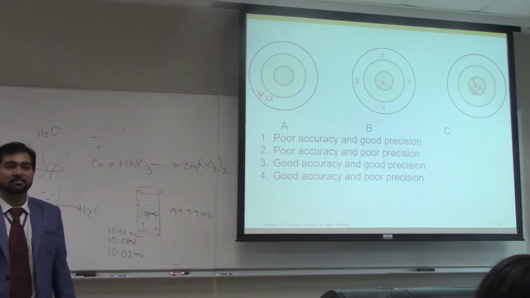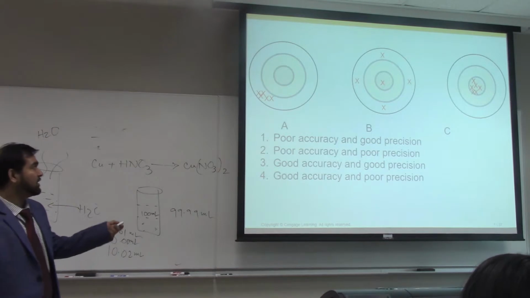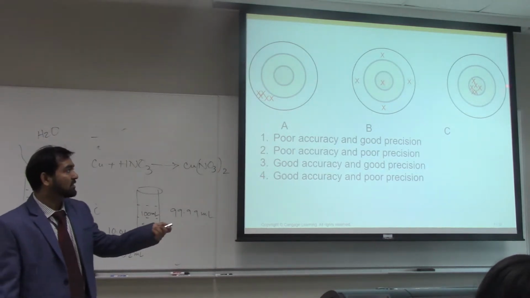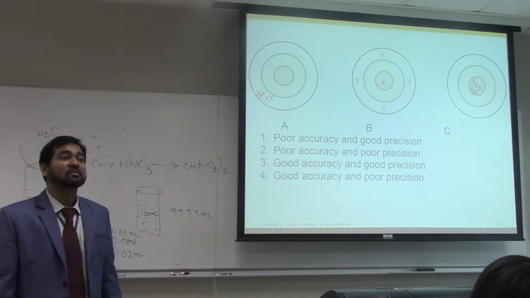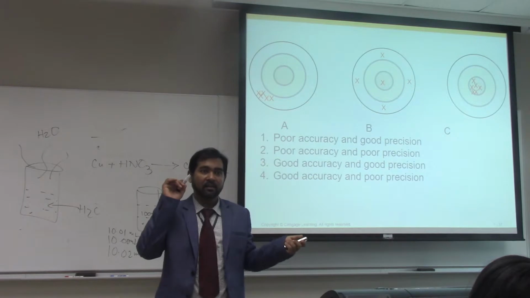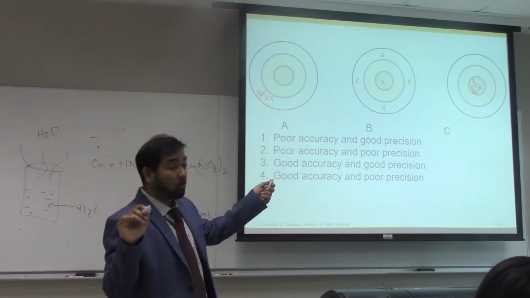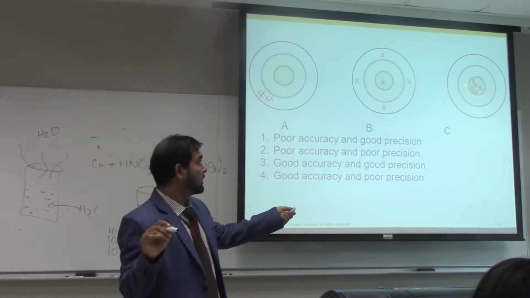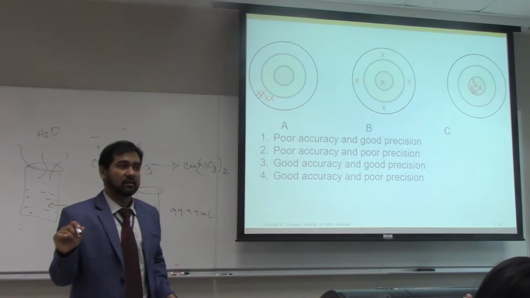That's called precision. You are very precise but not accurate. How about the last one? Accurate and precise, because your arrows are landing on your target, your goal, and they are also close to each other. That's called accurate and precise.